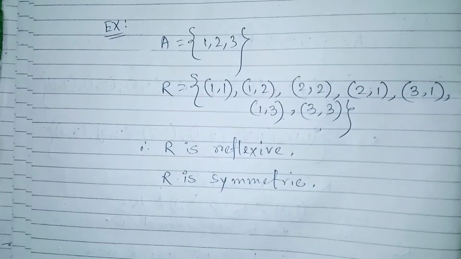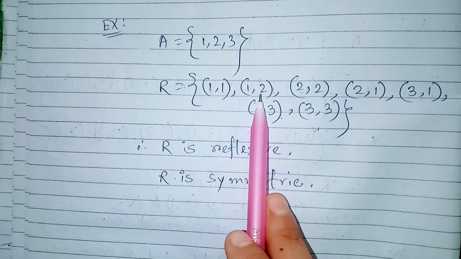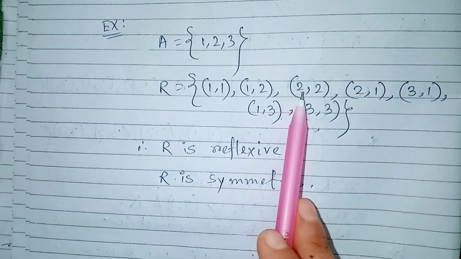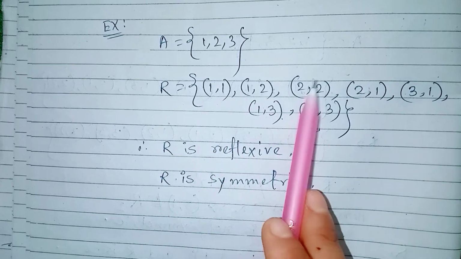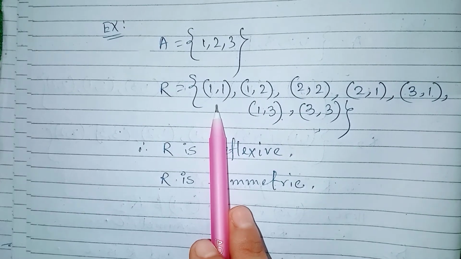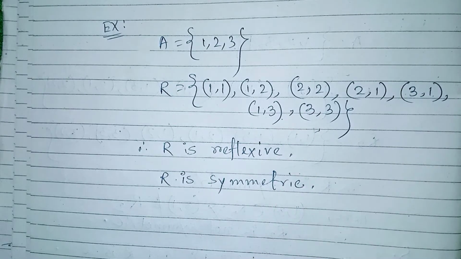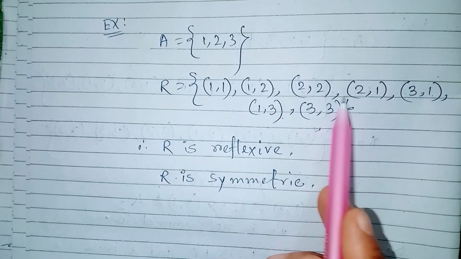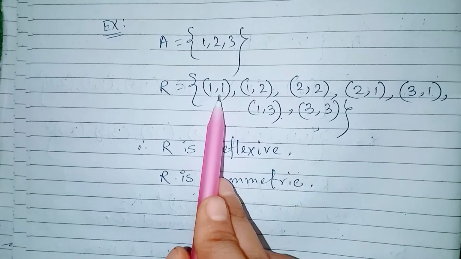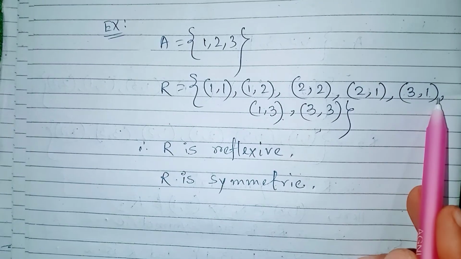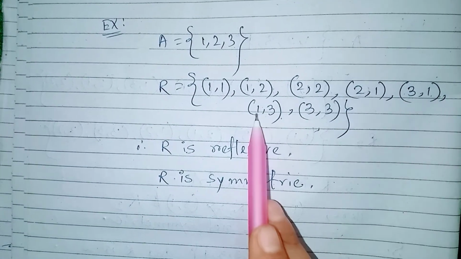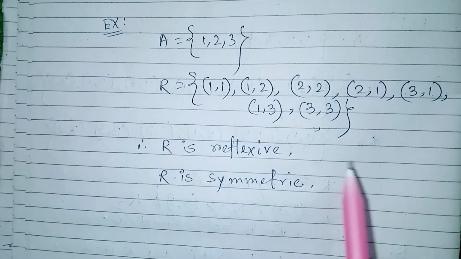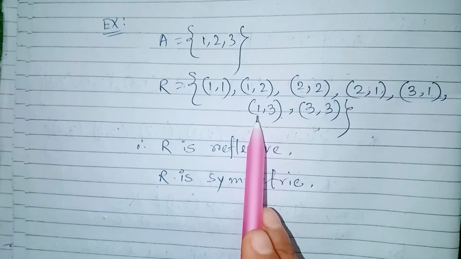Now we have to check whether it is transitive. (1,2) is here and (2,2) is here, with 2 canceling out, (1,2) is here. One thing to note: for elements where both terms are equal, you don't have to use them; you just take the other term. (1,2) and (2,1): canceling out 2, we get (1,1), which is here. (3,1) and (1,3): if we cancel out 1, we get (3,3). Similarly, (2,1) is here and (1,3) is here.